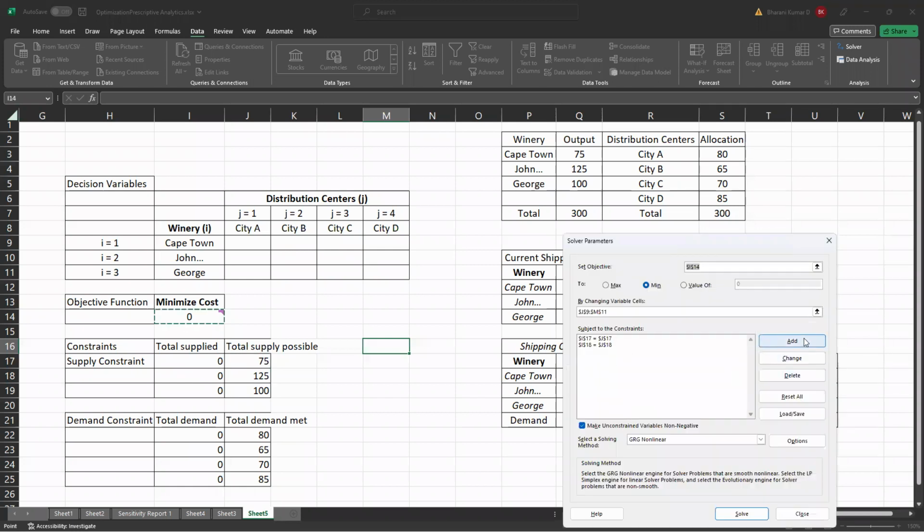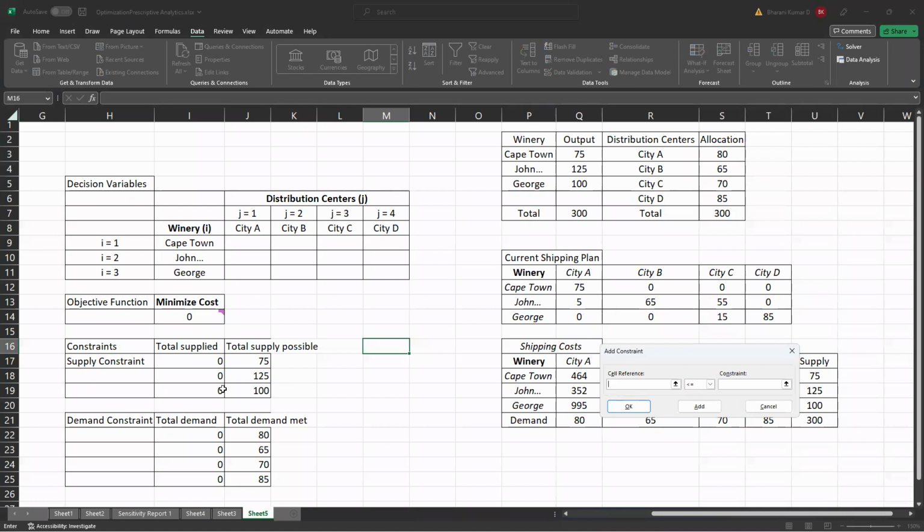We added the constraints. Let's add more. So this value should be equivalent to 100. Click on add. This demand value should be equivalent to total demand. Again, add another thing. This is equivalent to 65.